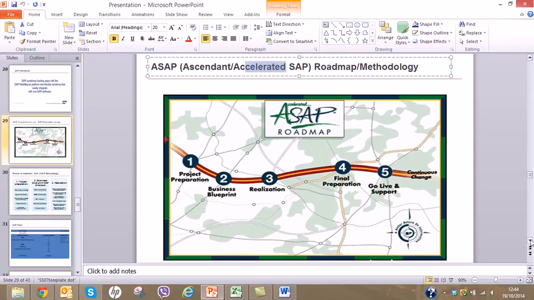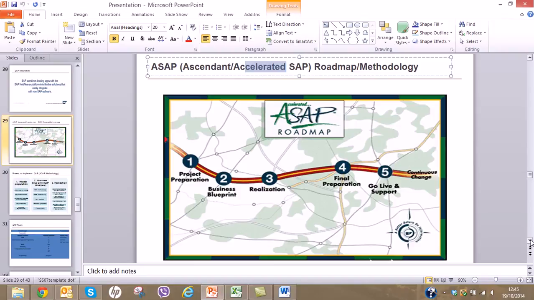If you understand this methodology, you will become the consultant 80%, let's say 70%, and 30% is how skillful you are on the system. Everywhere you go to do an implementation, you have to follow this methodology if the company is very formal.